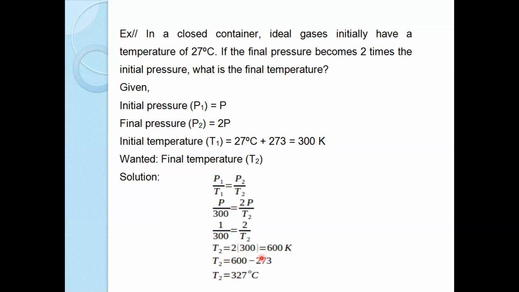It's 600 Kelvin. Now we have to think about our result. So the initial temperature is 300, the final temperature is 600. That means the temperature increases 2 times as the pressure increases 2 times as well.